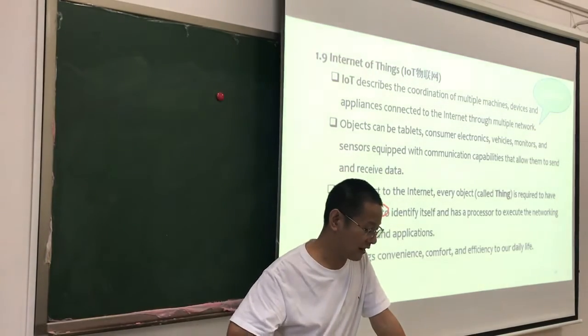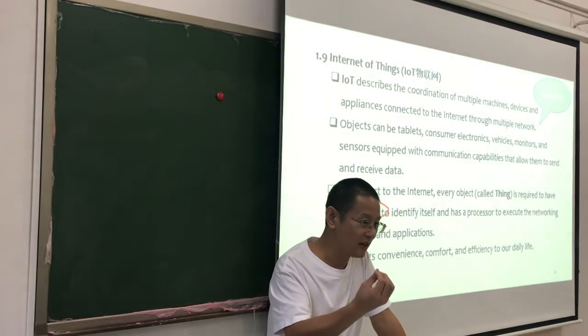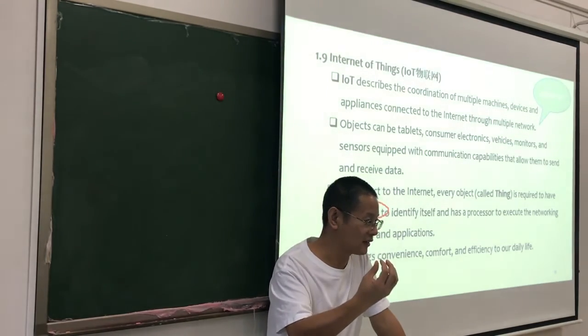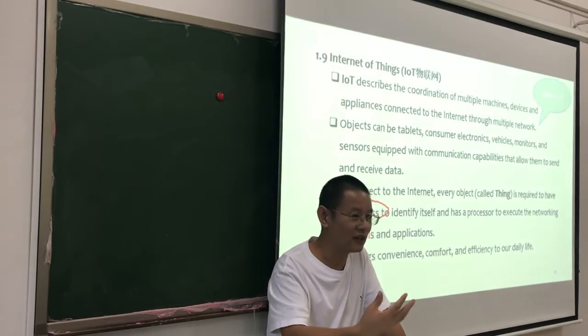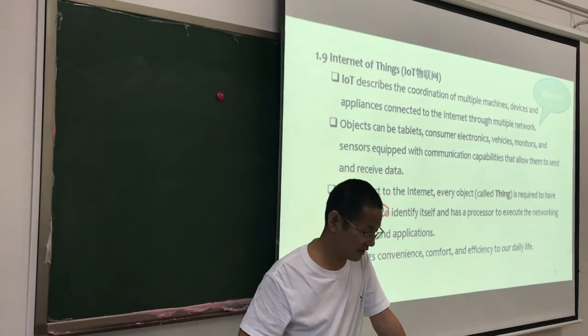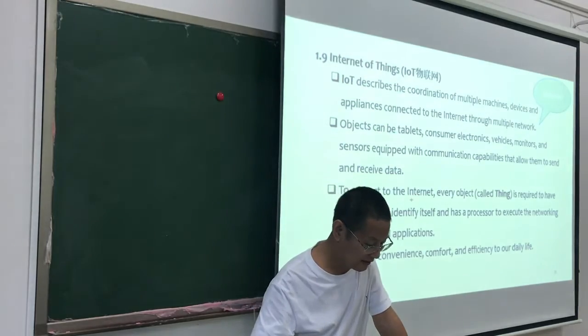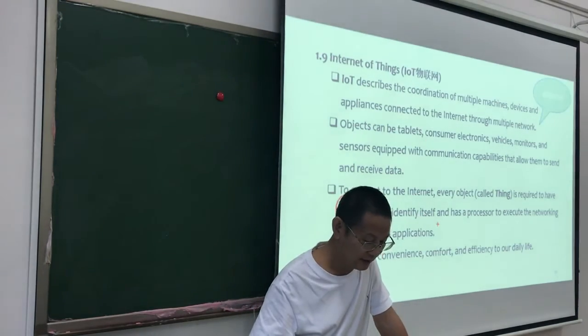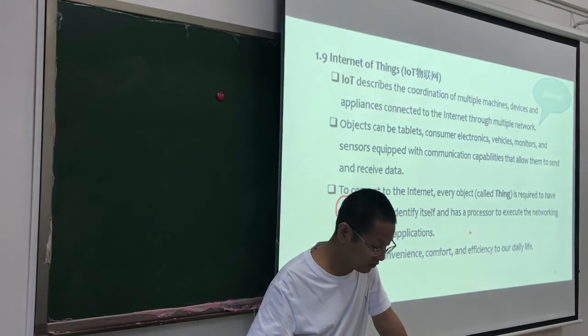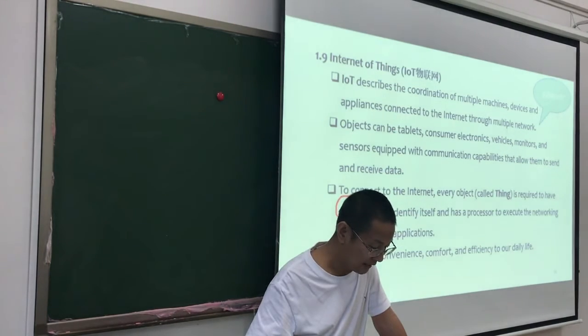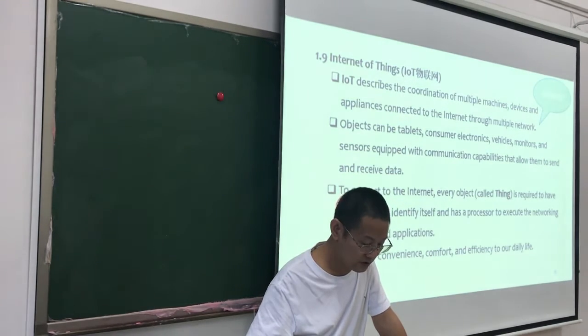If we can have IPv6 addresses, everything can have its own address to identify itself, and has a processor to execute networking protocols and applications. IoT brings convenience, comfort, and efficiency to our daily life.